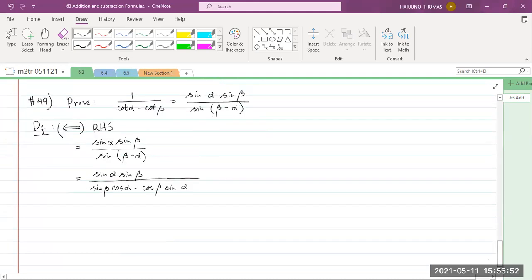Now our main goal is to have 1 on the top. So this is supposed to be 1. How do I make it 1? Divide by itself. So I will divide the top and the bottom by sine alpha sine beta.